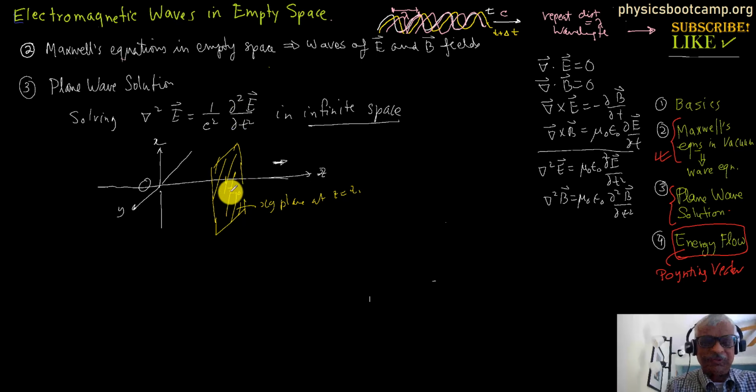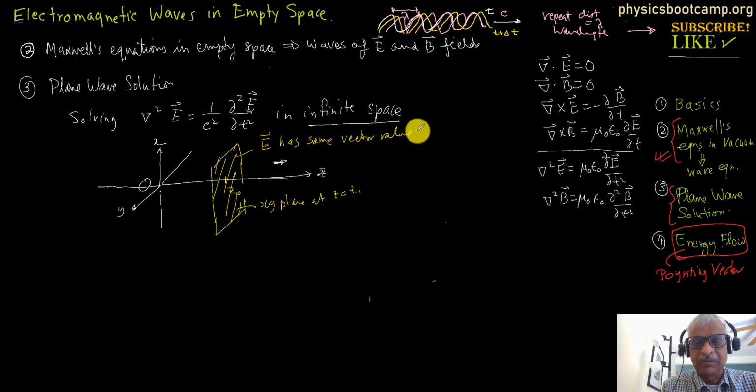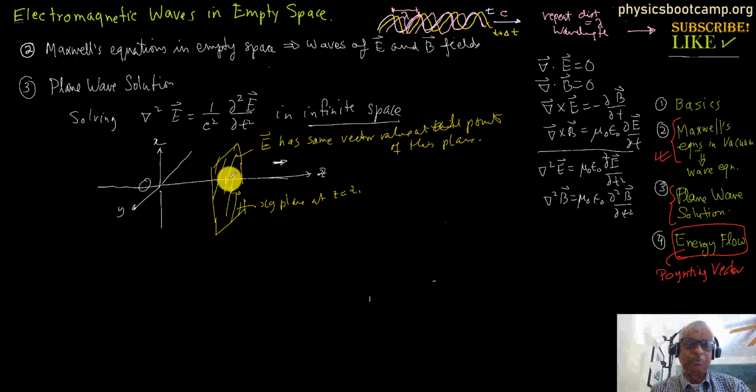That kind of thing is called an electromagnetic wave. So E has the same vector value at all points of this plane.